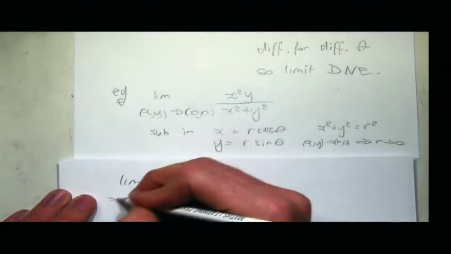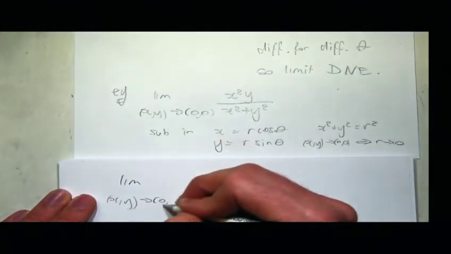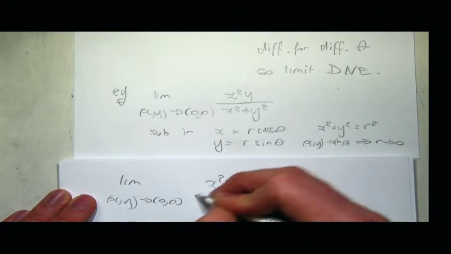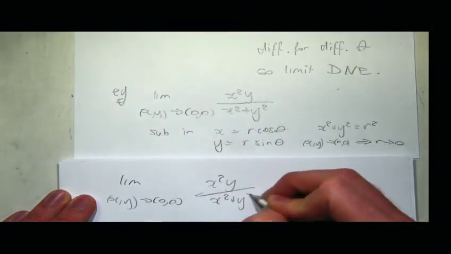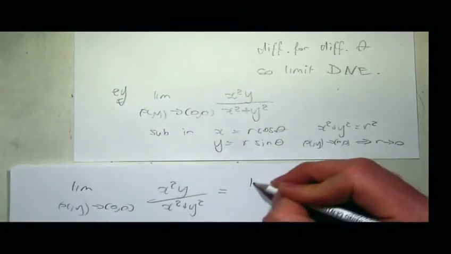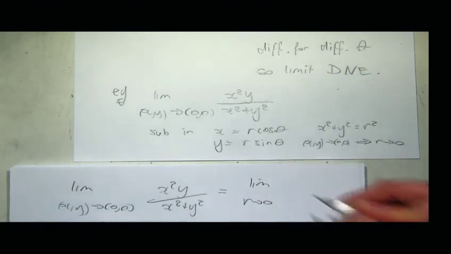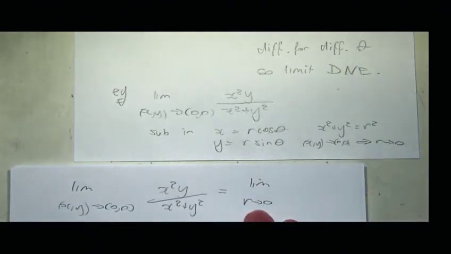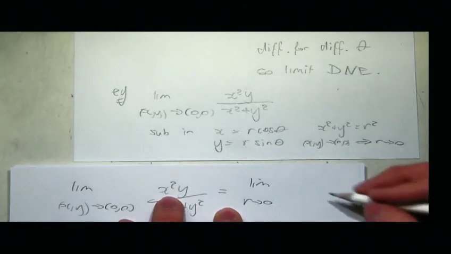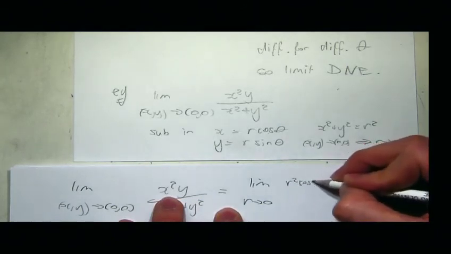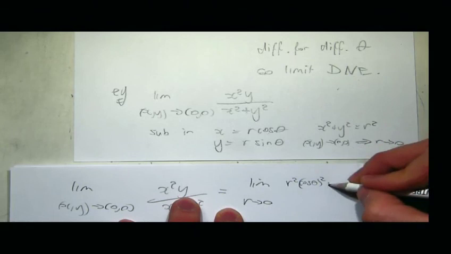Then my limit, okay, so when my xy goes to 0, 0 becomes r goes to 0. The x squared becomes r squared cos theta squared. The y becomes r sine theta.